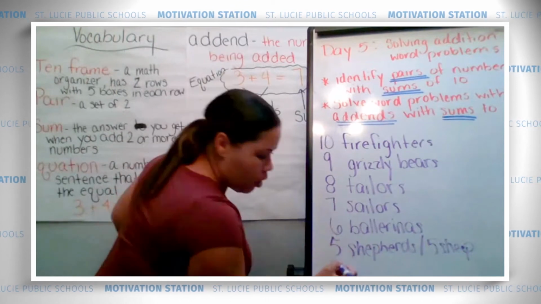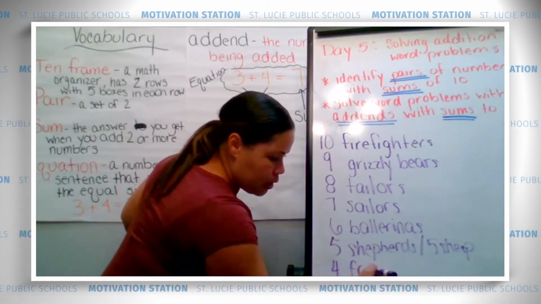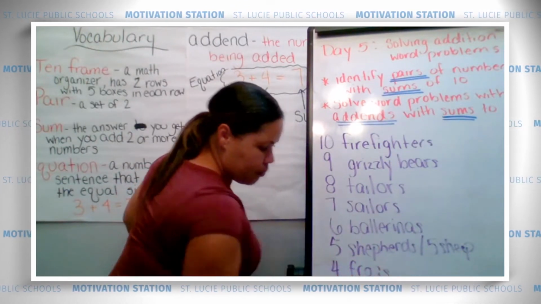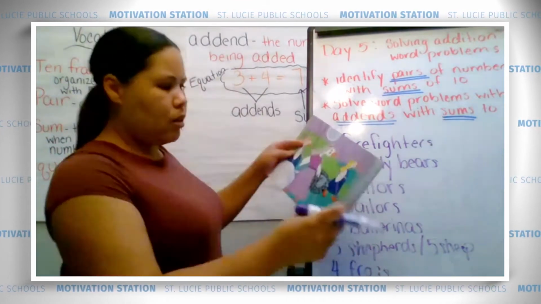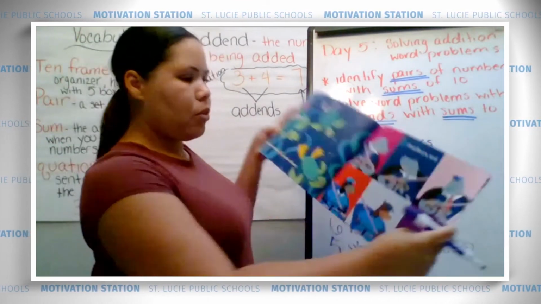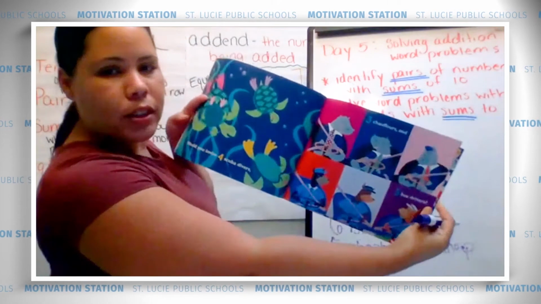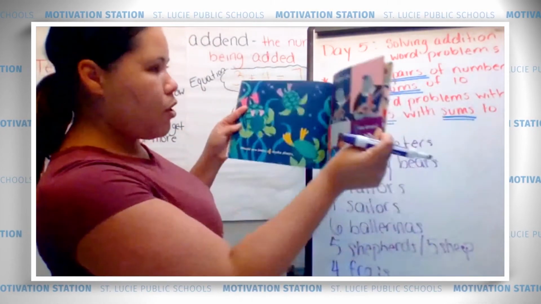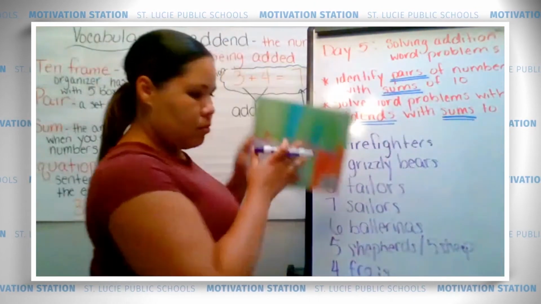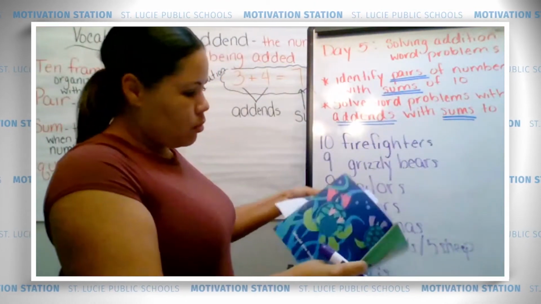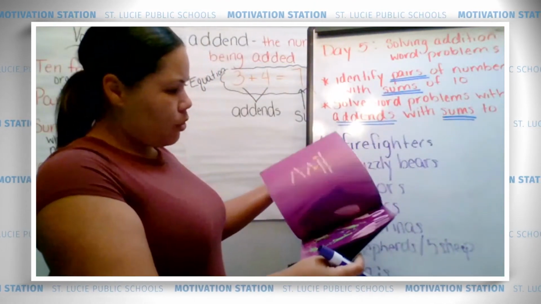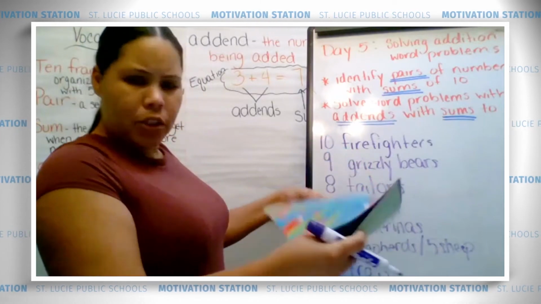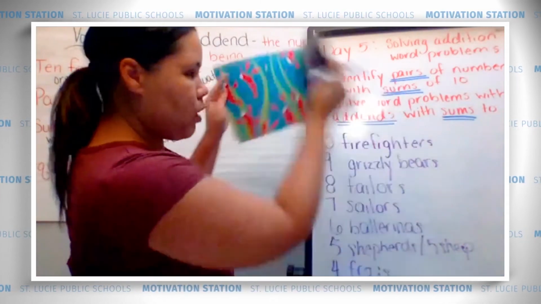4, I remember our frogs went with our ballerinas. 3, where was our 3? Oh, this is where we started to add lots more add-ins. 3 chauffeurs. We also had another 3. I remember it matched with the 7. 3 drummers.